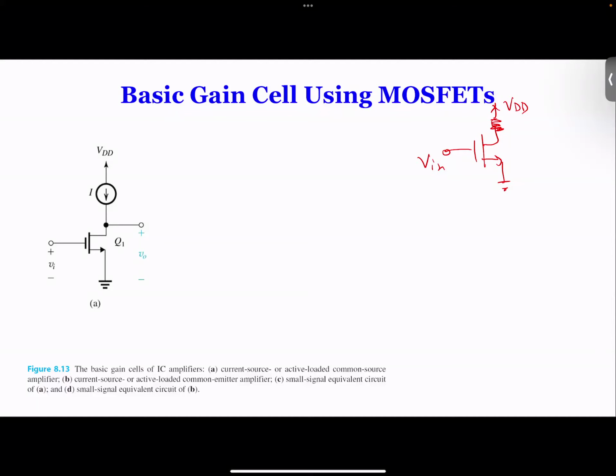Then we can find VO at this point. Before we do that, let me show the circuit over here so that we get a better understanding.